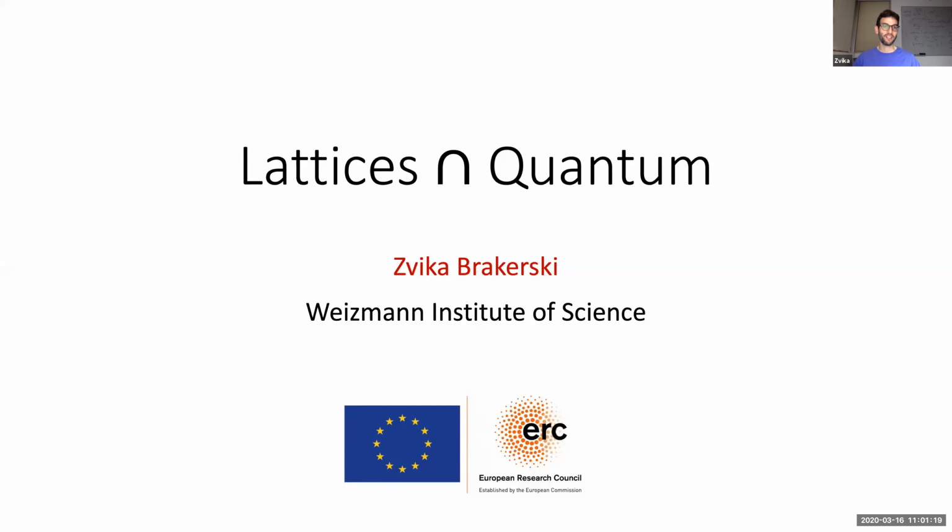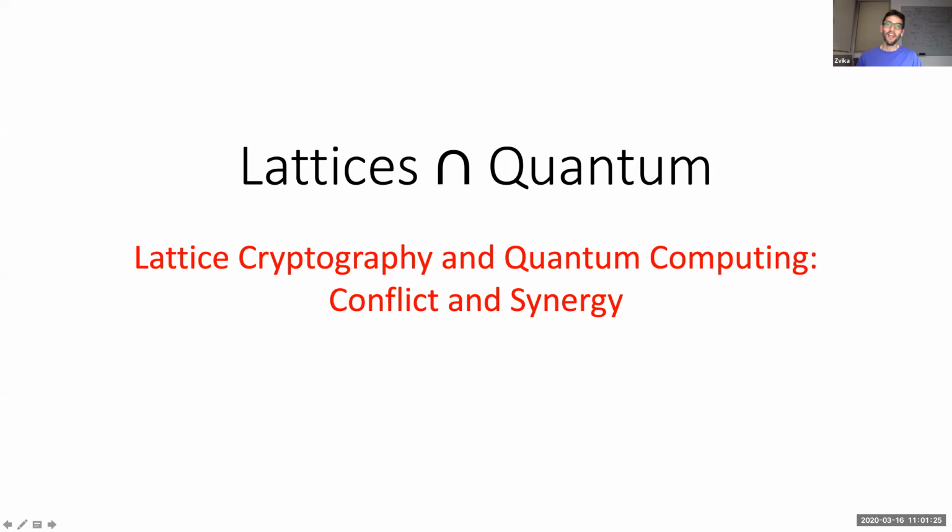So the talk is titled "Lattices Intersect Quantum," and let's see if I can swap the next slide. Good. What I want to talk about is points of conflict and synergy between lattice cryptography and quantum computing. As everybody who's attending knows, Simons is running two programs right now, one on lattices in computer science and one on quantum computing.